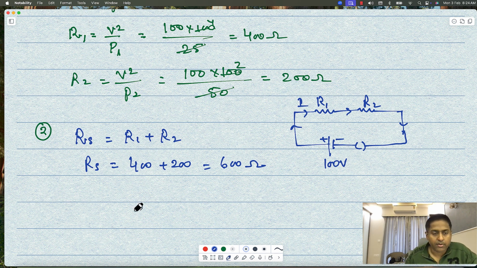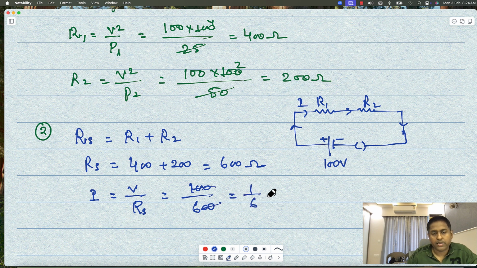Now, by using Ohm's law, current is the total applied voltage divided by the total resistance, which is 100 divided by 600, so the current is 1 by 6 amps. This is the current passing through each bulb. They are connected in series, so the same current I, 1 by 6 amps, remains the same.